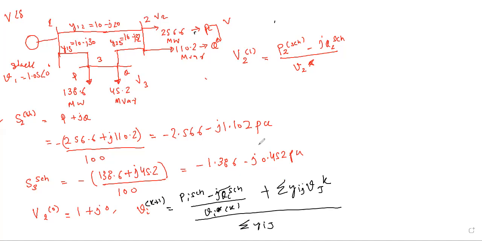It is a summation. From bus 1 to 2 there is a connection, so between 1 and 2 I will write Y12 into V1. Between 2 and 3 there is also a connection. But between 1 and 3, is there any connection? There is, sir.